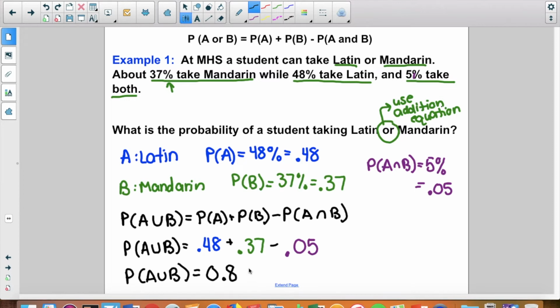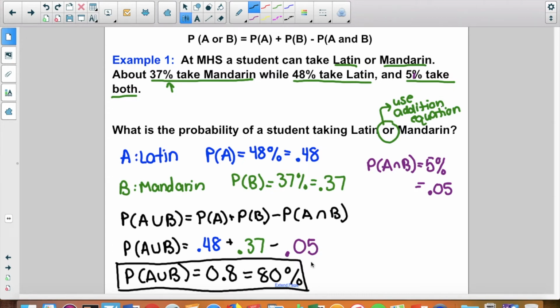Or you can change this back into a percent if you'd like. So this can be 80%. You can also change it to a fraction if that's what you like the best. So any of those will be a possible answer.